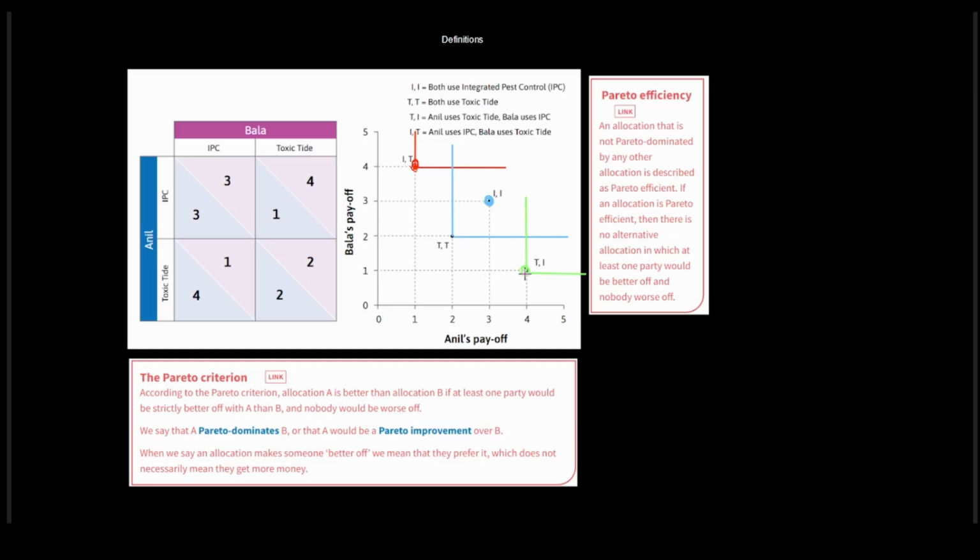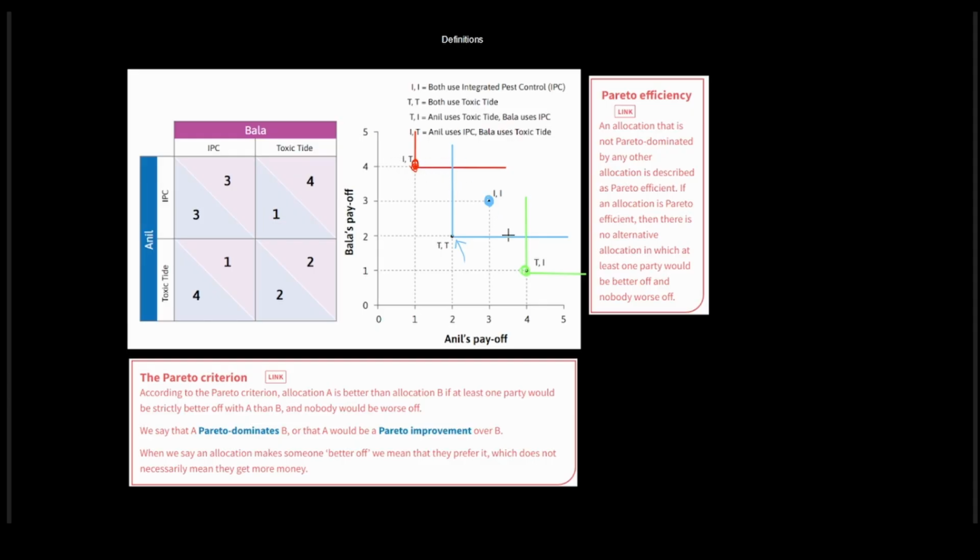We have 3 Pareto efficient outcomes in this case, keeping in mind that in order to switch from one to another, we might win overall as a society, that is, as everybody involved, but you can't move from one to the other without somebody being worse off. And so that's why we have 3 Pareto efficient outcomes and then one Pareto inefficient outcome. This guy here, TT, that was Pareto inefficient.